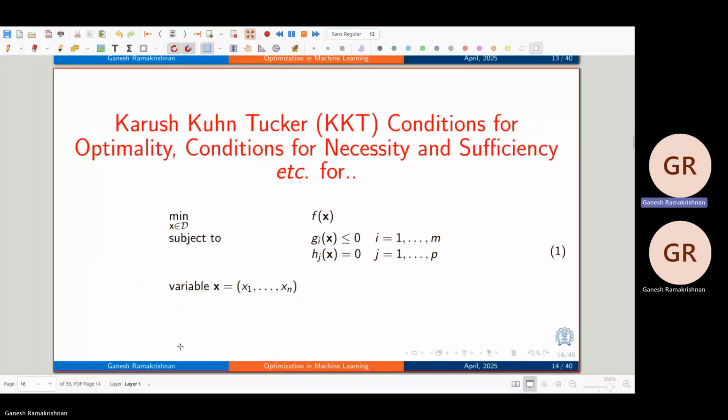Okay, so here we go. As I said, we will not just have one constraint; we'll have multiple constraints, such that g_i(x) is less than or equal to 0 for i equals 1 to m, h_j(x) is equal to 0 for j equals 1 to p.